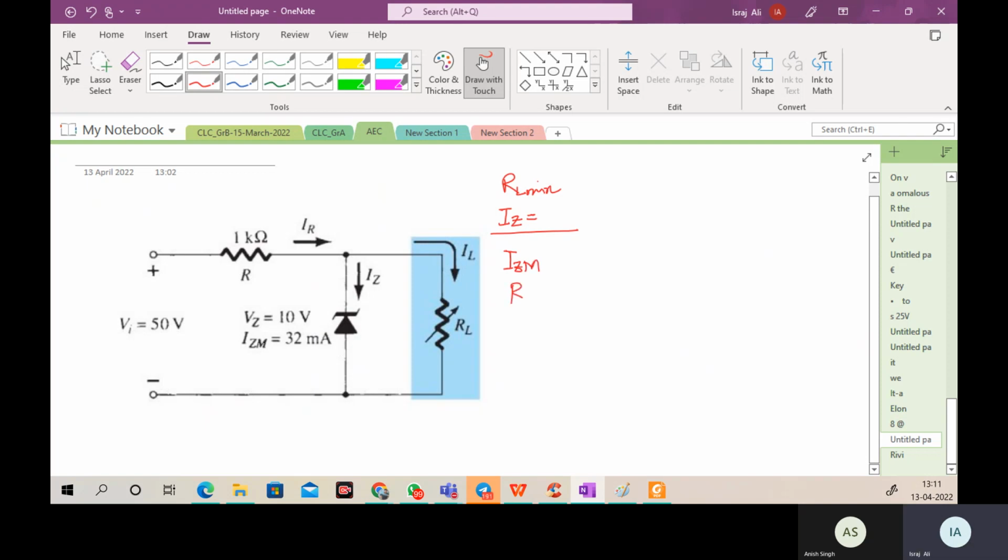And then find out IL and RL max. So then you will get the range over here. Please quickly do that one. Got that point? How to solve that one?